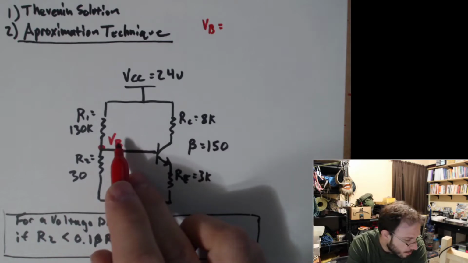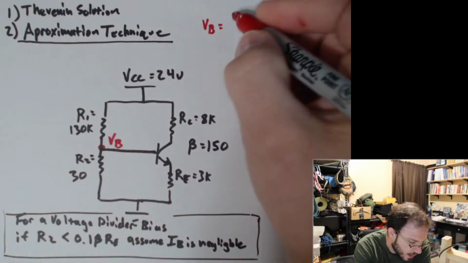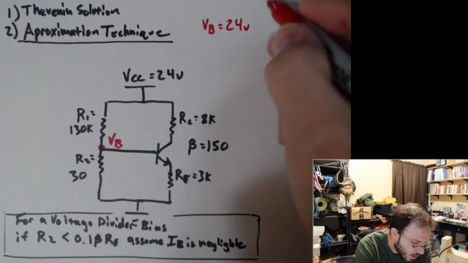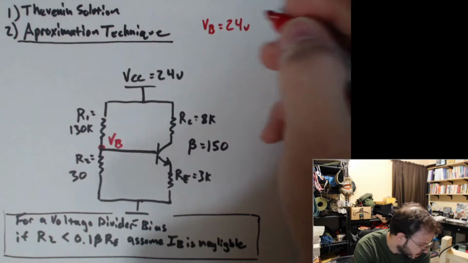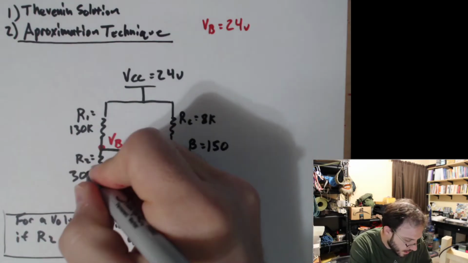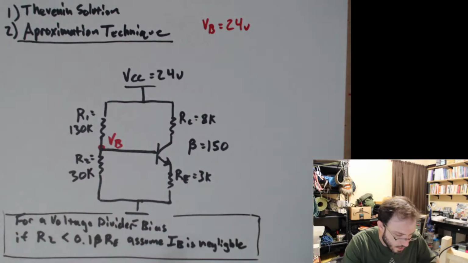So we'll do 24 volts, our V in, times R2, which is 30 ohms. Oh, these are Ks, sorry, big difference. Forgot to write in the K over here.